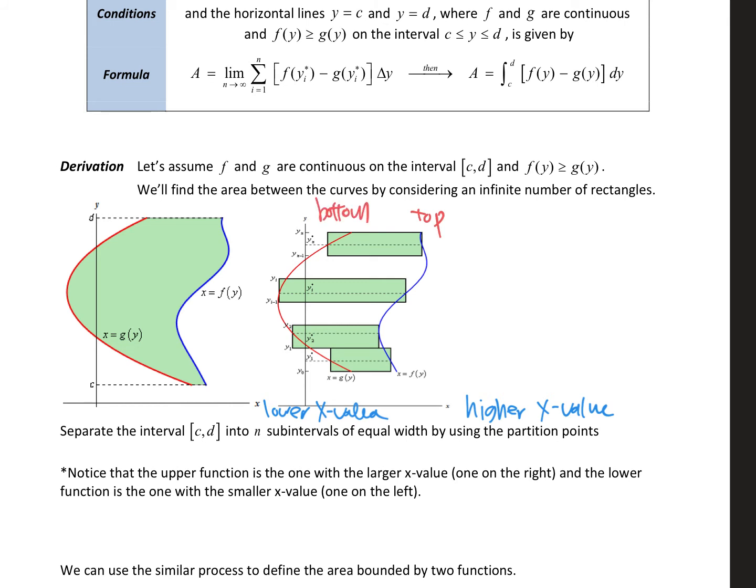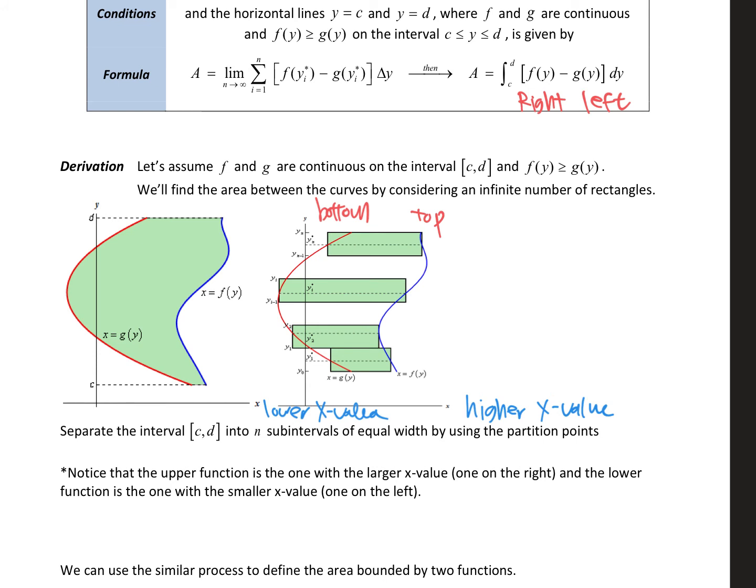So the structure is basically the same. We're going to do top function minus the bottom function, except now the top orientation has changed. Top is basically the right function. So I'm going to write here is the right function, and then this is the left function, right? So the right function works as the top because the value here is larger, and the left function works as the bottom because this part is the lower value.